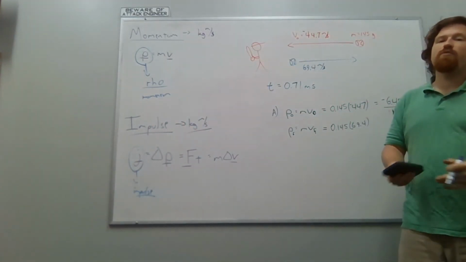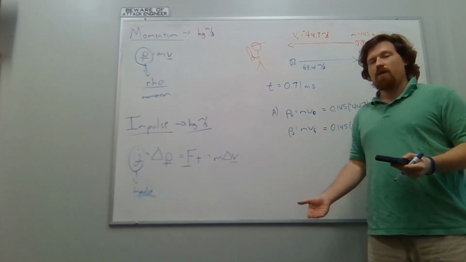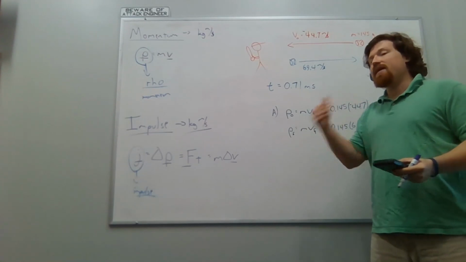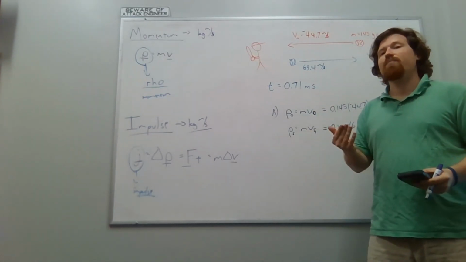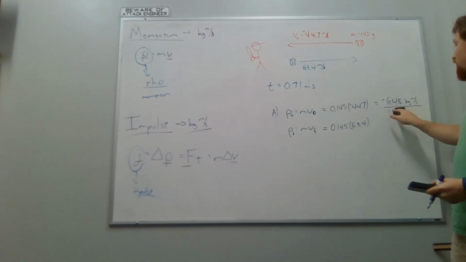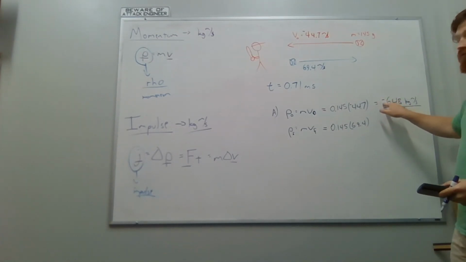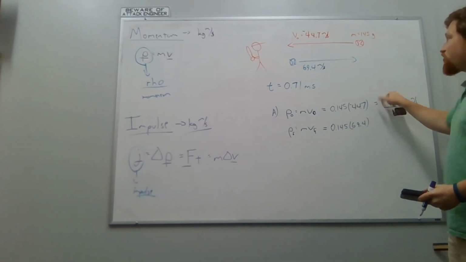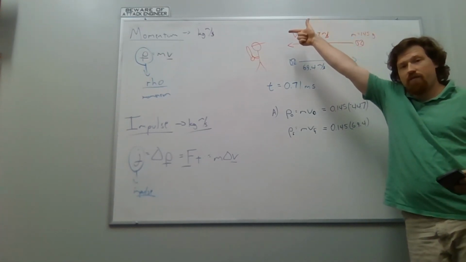Momentum and impulse have to be in a direction. If an object has momentum, it is moving in a direction. It wants to keep moving in that direction. Momentum is a vector, meaning this negative sign refers to the direction it is pointing in. In this case, initially pointing in the negative direction.